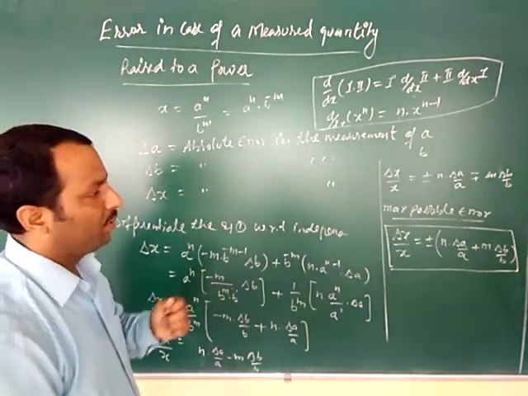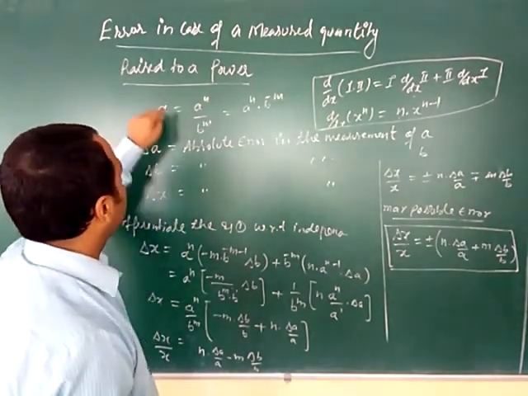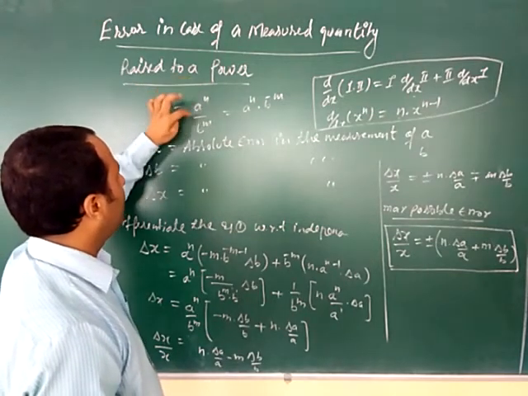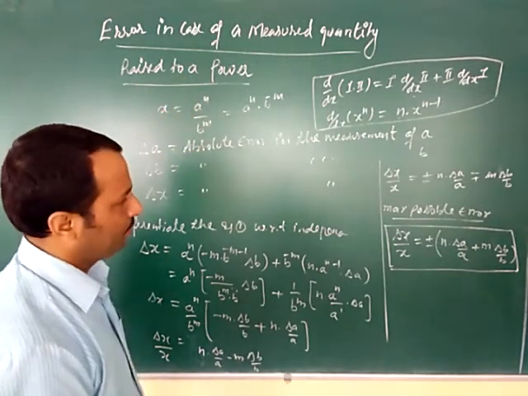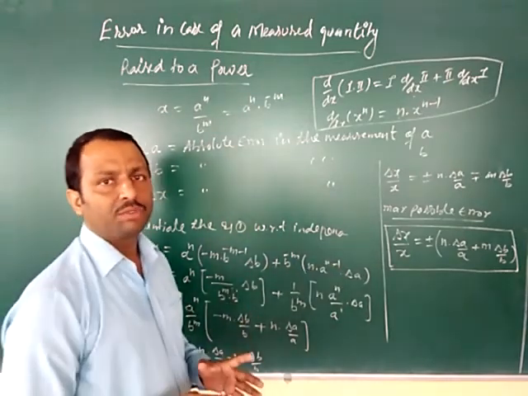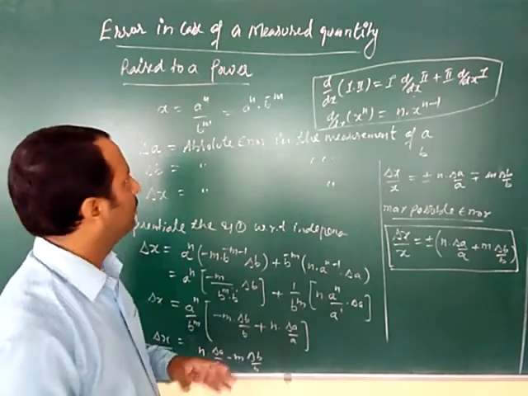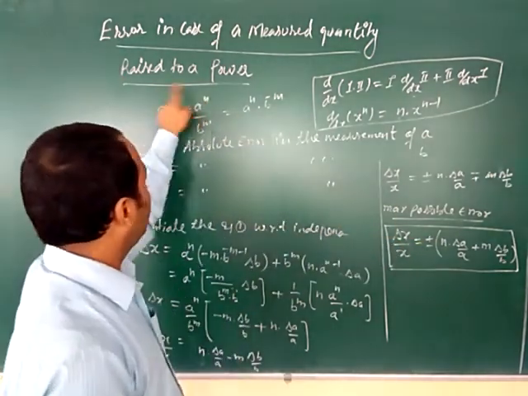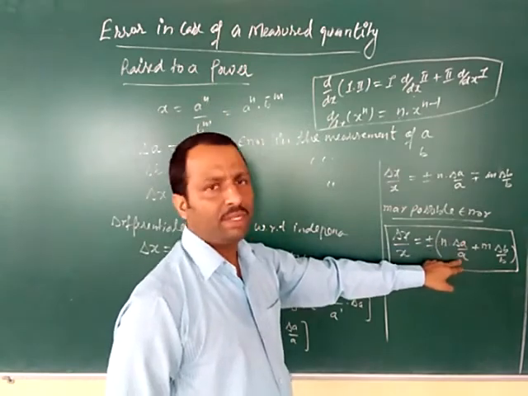Now, how to memorize it? See here, x is equal to a to the power n upon b to the power m. So what has happened here? We are always finding out the maximum possible error. So this power which is coming in front, n into delta a upon a.